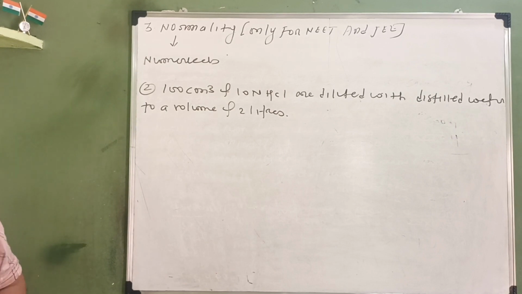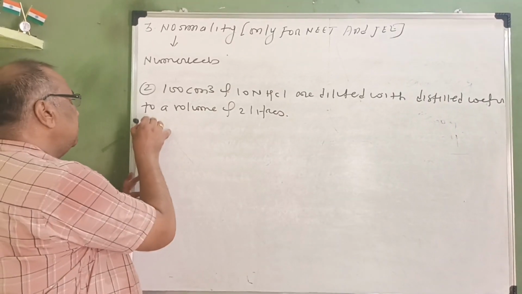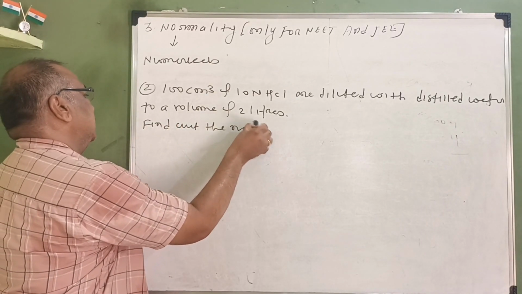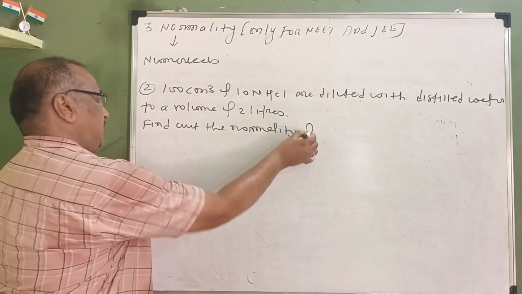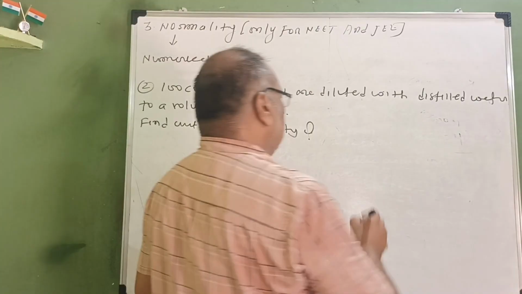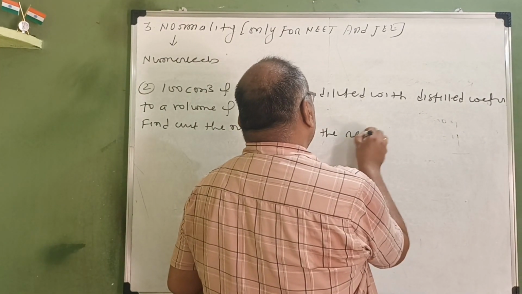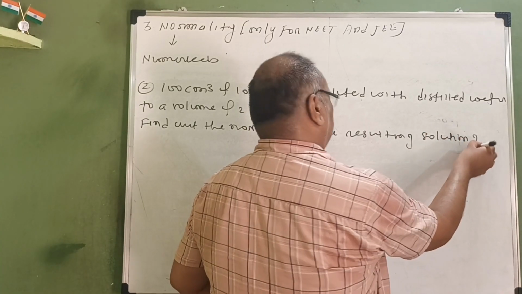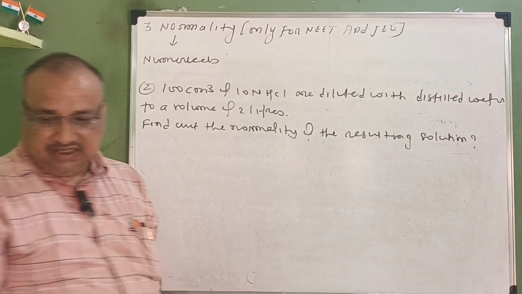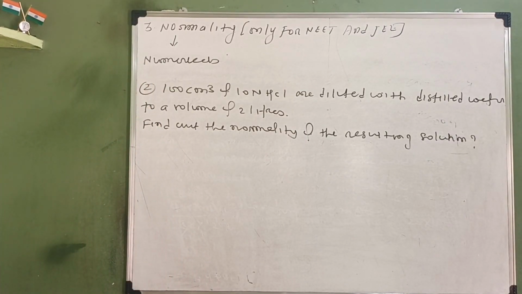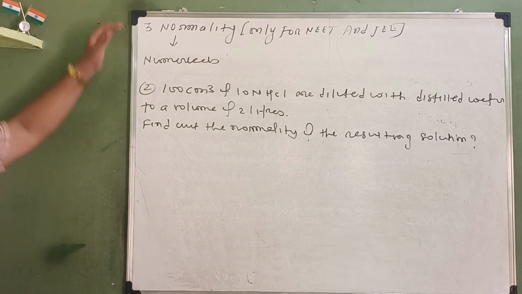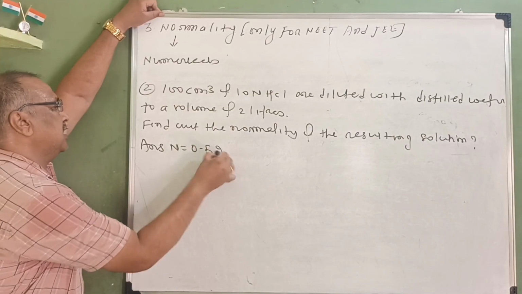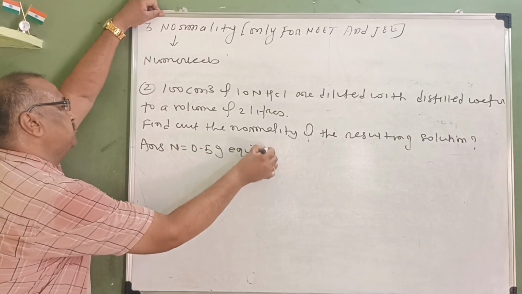Find out the normality of the resulting solution. Here write down question mark and here answer is N equal to 0.5 gram equivalent per liter.